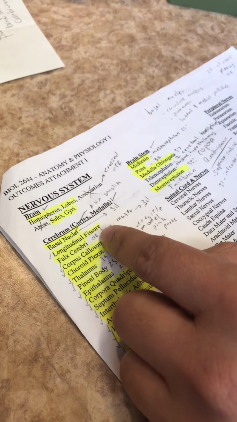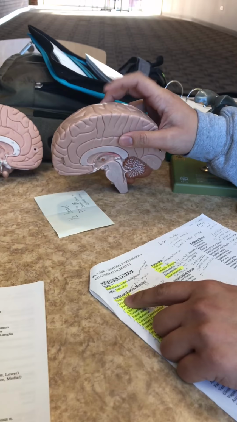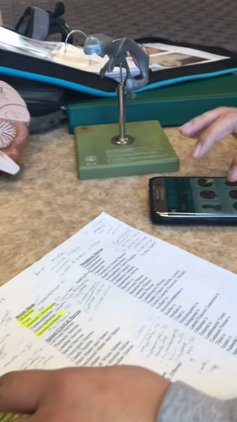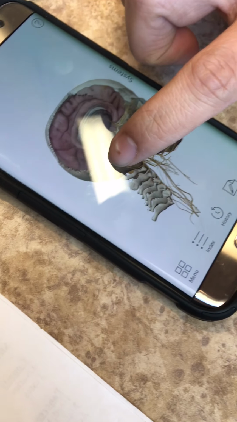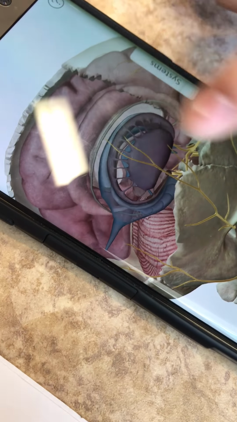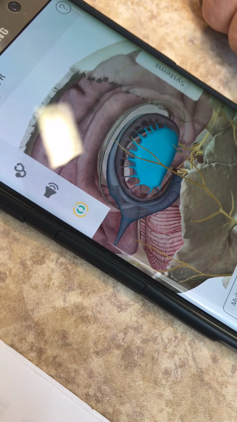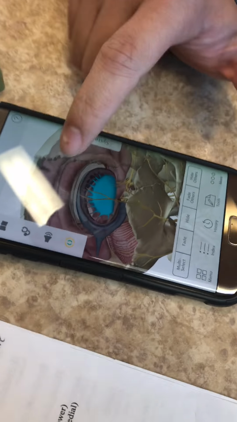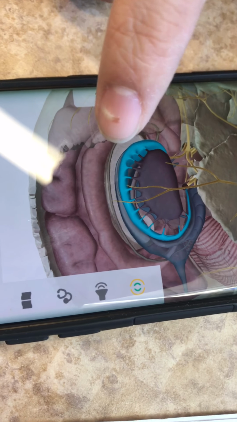Okay, so for the basal nuclei, she said that these models can't show it very well because it's deep within the brain, and instead she's going to have pictures for it. So basically, the basal nuclei includes this whole structure, and it includes this part, which is the putamen, and then the part on top of it is the caudate nucleus.